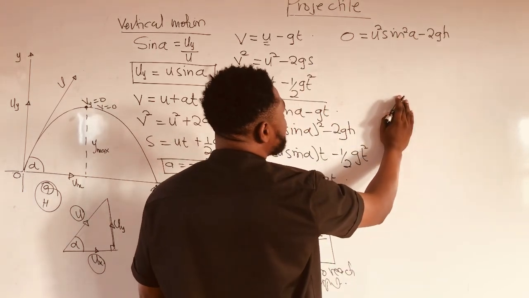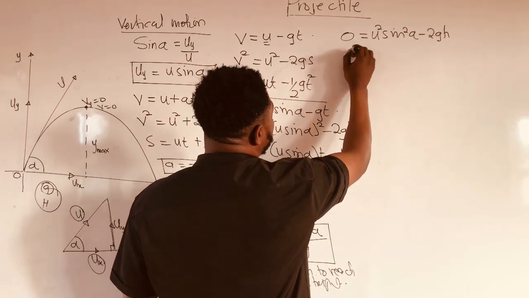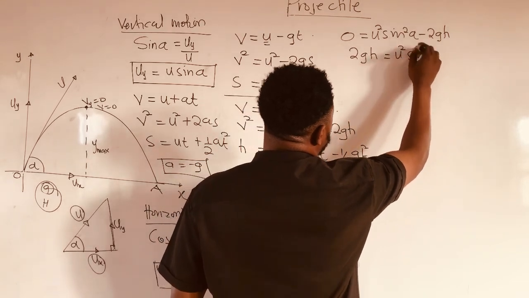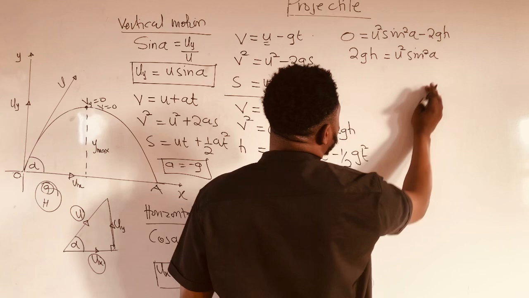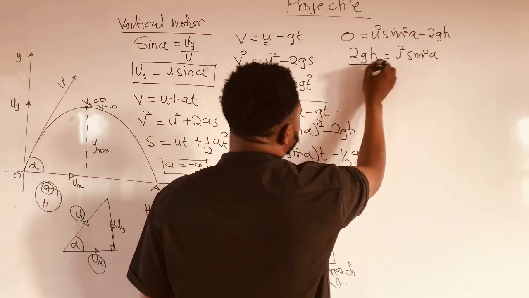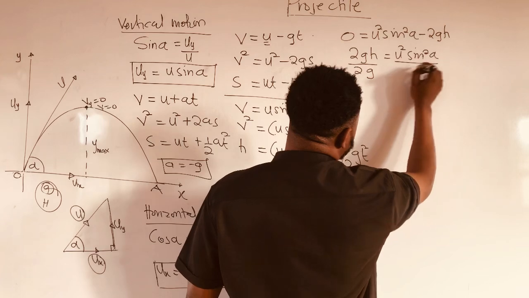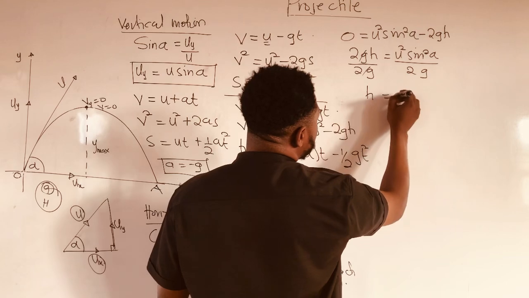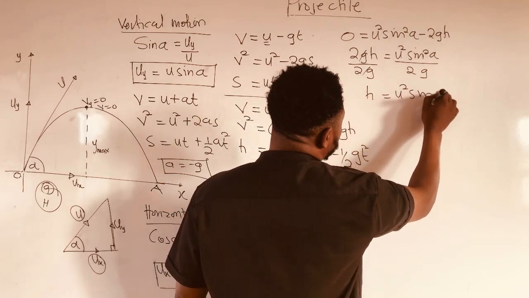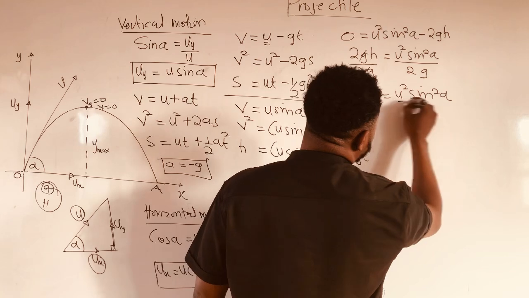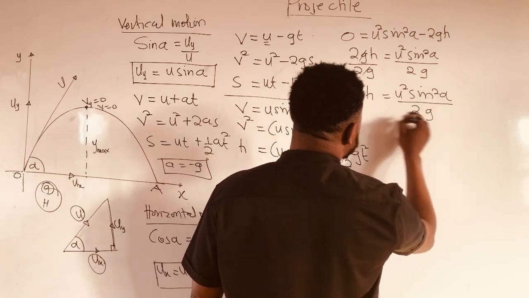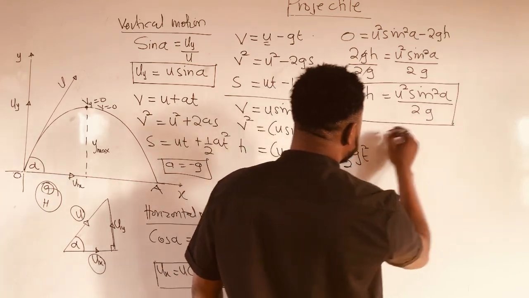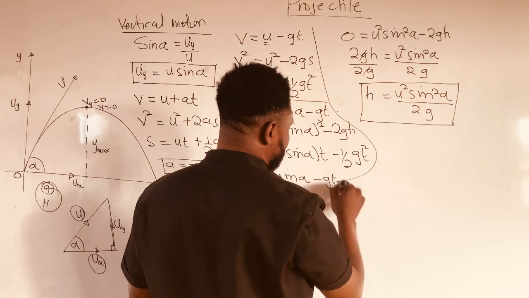We want to make h the subject, therefore I have 2gh equal to u squared sine squared alpha. So divide here by 2g, here by 2g. This will cancel this, so my h will be equal to u squared sine squared alpha all over 2g.